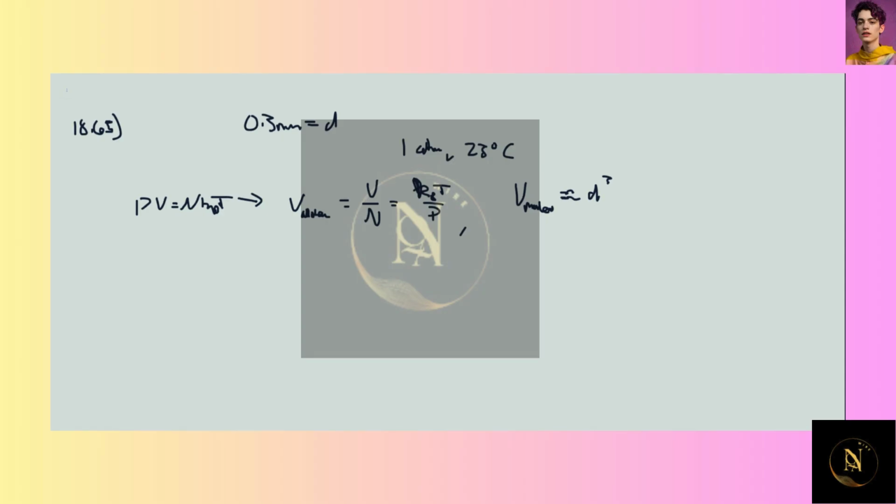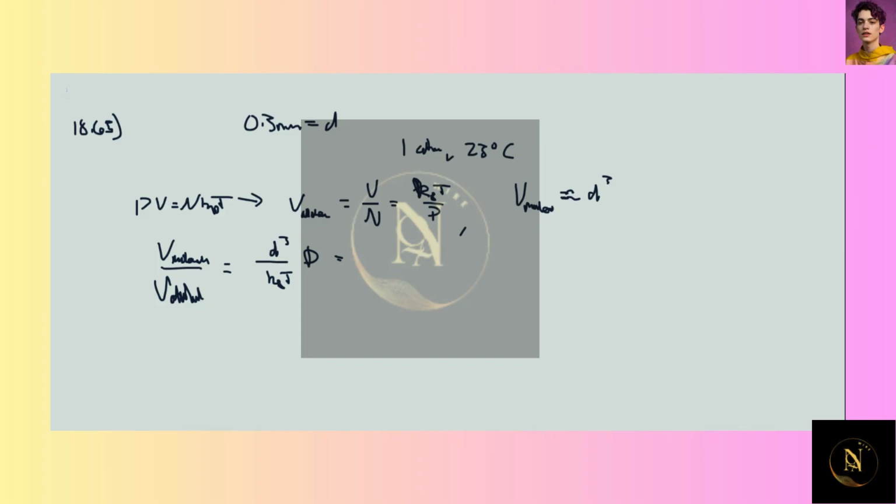So, if we want to find the percent of the room taken up by the volume of the molecules themselves, then we can take V of the molecule over the volume allotted for the entire room, per molecule. So this is given now as D cubed over k_B T over P.